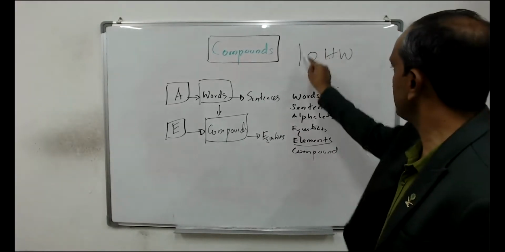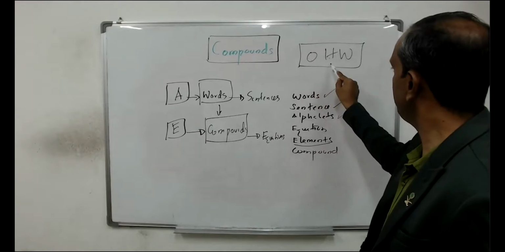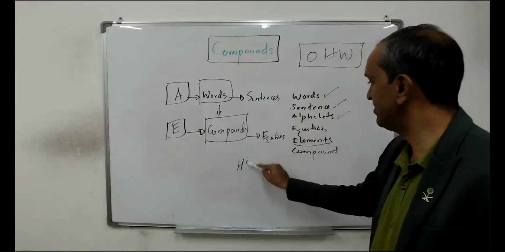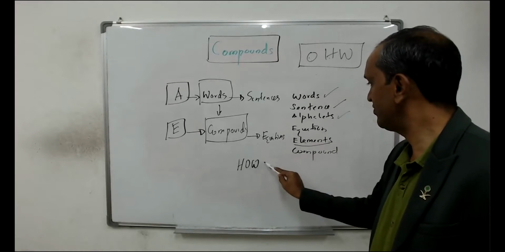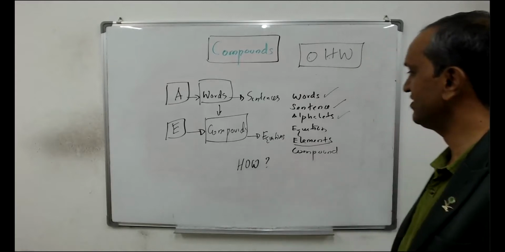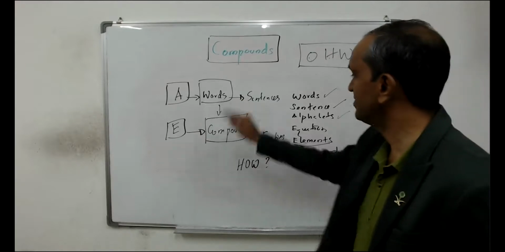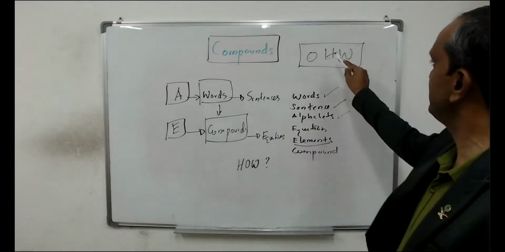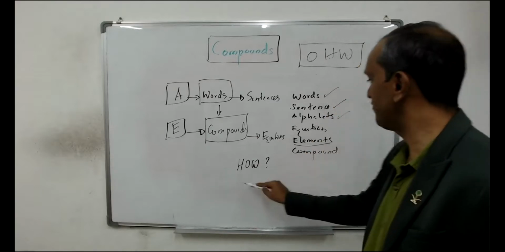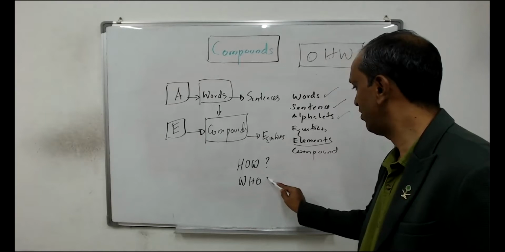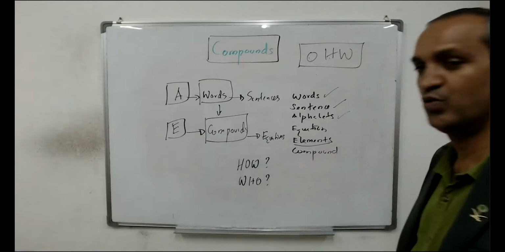As far as the English language is concerned, if you bring H first, O in the middle and W in the end, it is how. It is a meaningful word. Similarly, bring W first, H in the middle, O in the last, and then who.